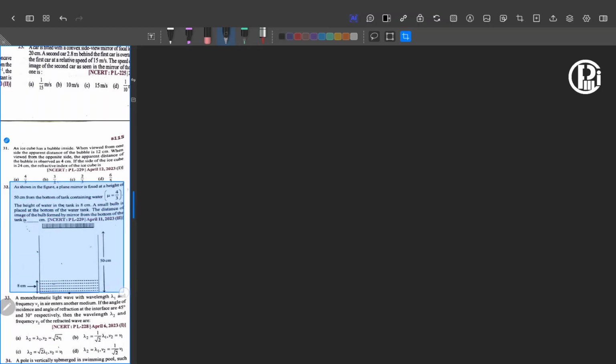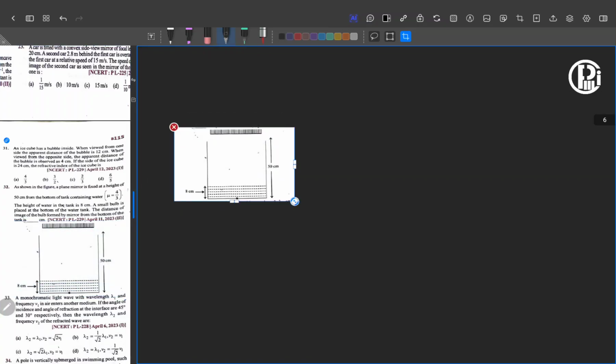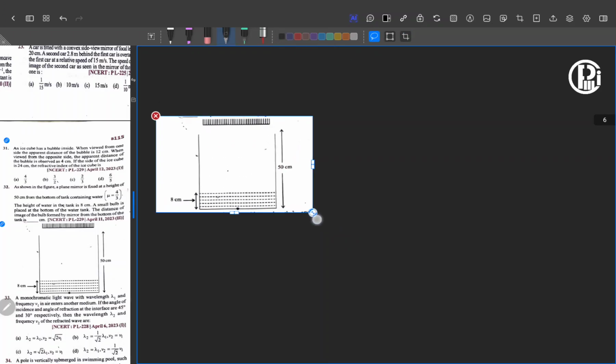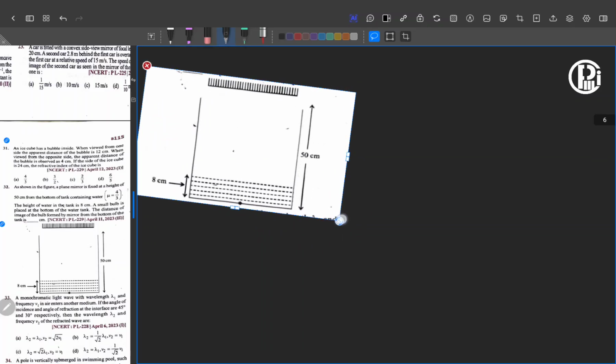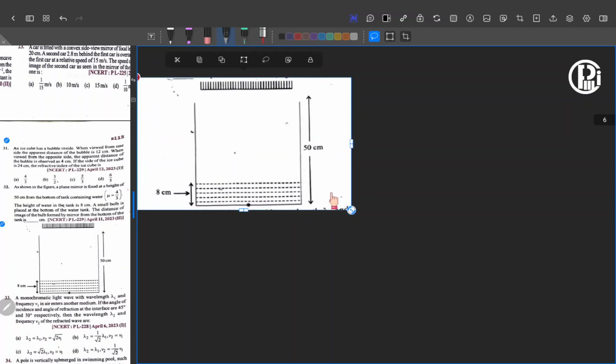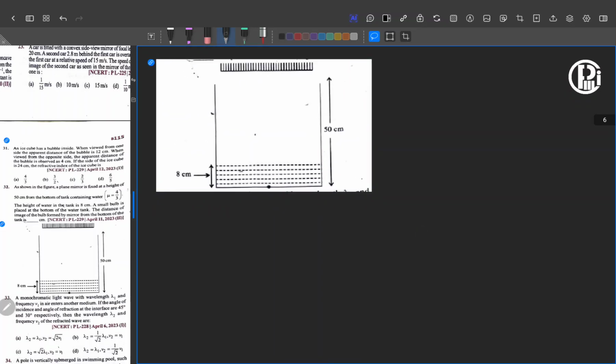Let me take out this diagram. This is the one, and this kind of questions are important conceptually, so they will increase our concepts on reflection on a plane surface.